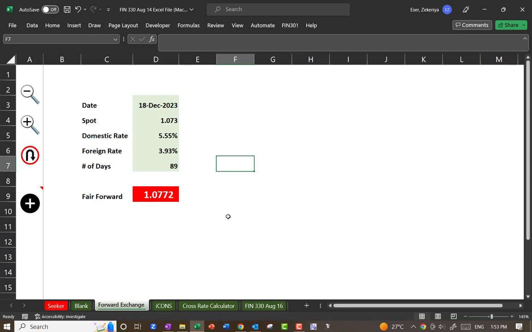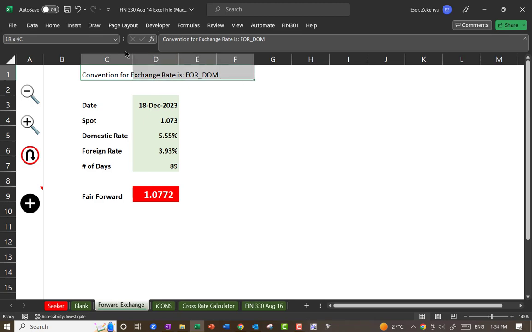Remember, let's note here, convention for exchange rate is foreign domestic. Value of 1 unit of foreign currency in domestic currency.